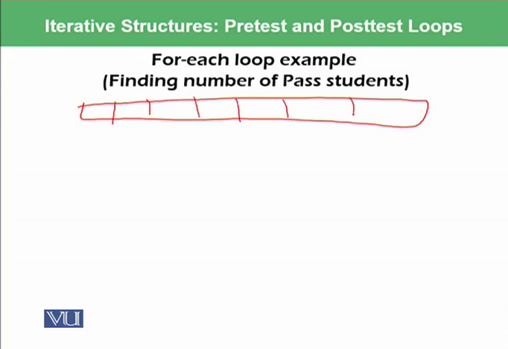For example, the first got 20 marks, the next got 58, next got 90, 87, 30, 12 and 98. And if you want to calculate how many students passed from this list, you can write the for loop as follows.